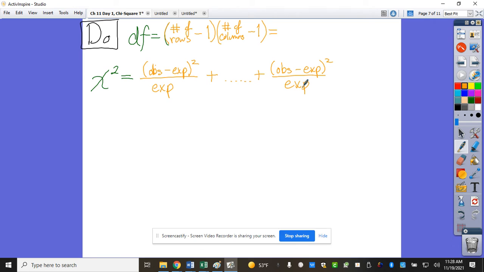And then what would my last one be? What's my last observed number? So it'd be 22 minus 25.8624 squared divided by 25.8624. And I could literally write that on my paper and I'm fine with that. And that's going to give me a number.